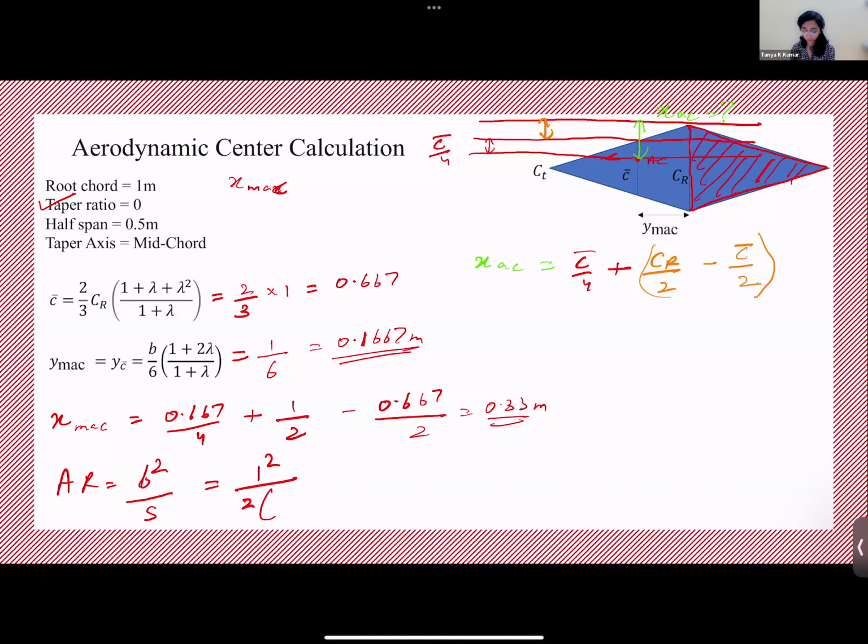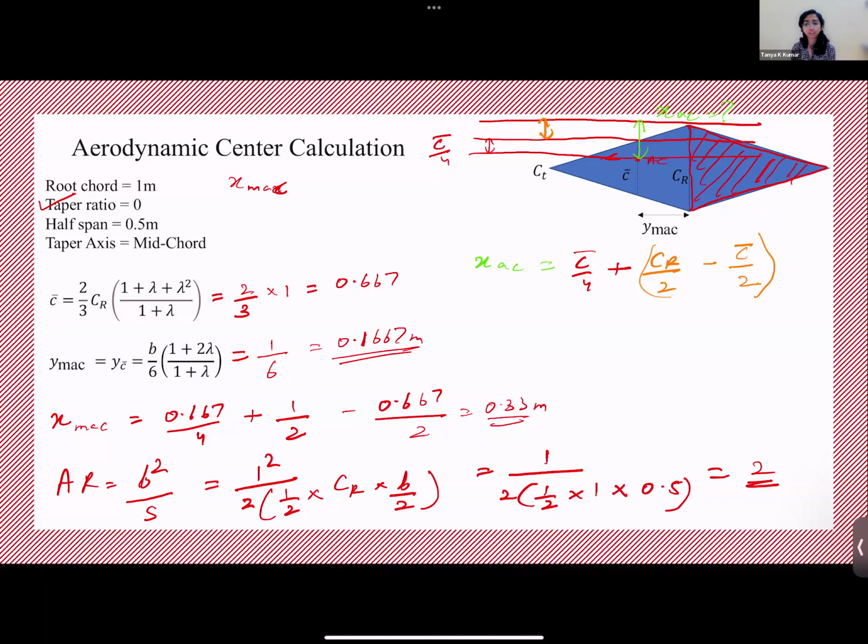Half base into altitude. So what is the area? Half into CR into B by 2, correct? So it would be 1 by 2, CR is 1, B by 2 is 0.5. What is this value? 2, right?